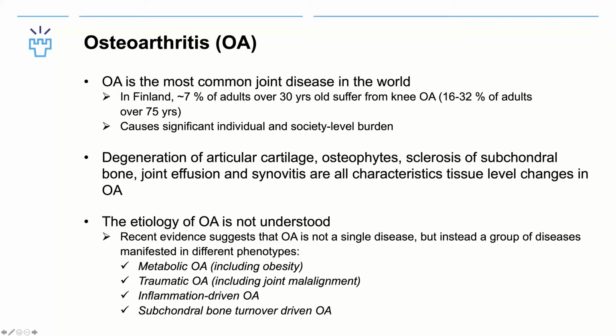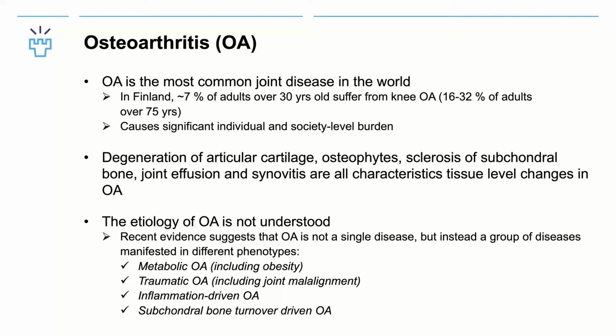We don't really understand the etiology of osteoarthritis well at the moment, but recent evidence suggests that it is not a single disease, but instead a group of diseases manifested in different phenotypes. There are really different categorizations of phenotypes in the literature.